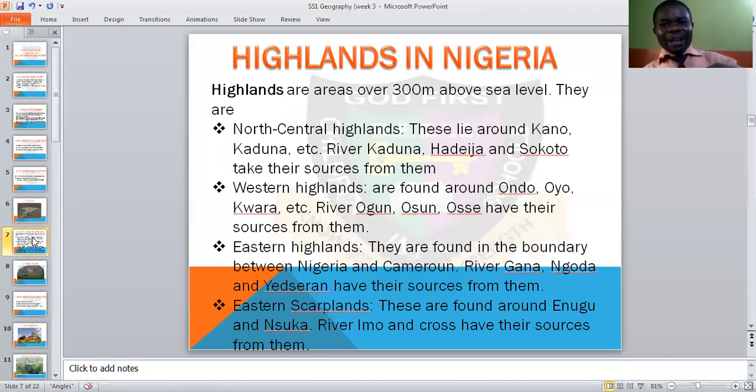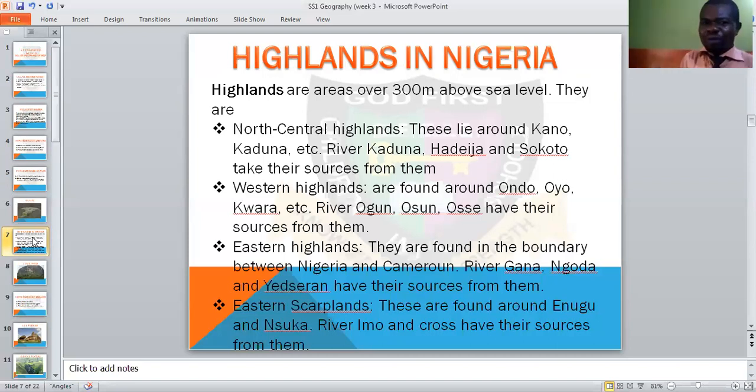Then the highlands are areas over 300 meters above the sea level, while lowlands are areas below 300 meters above the sea. So these ones are over 300 meters, while lowlands are below 300 meters. That is above the sea level.